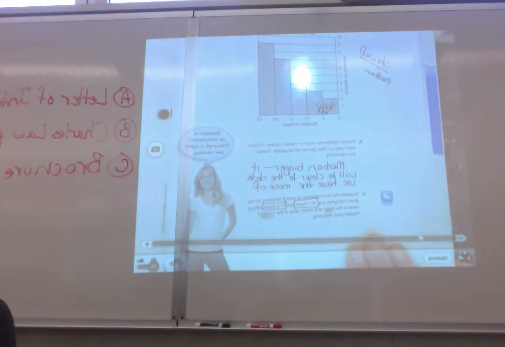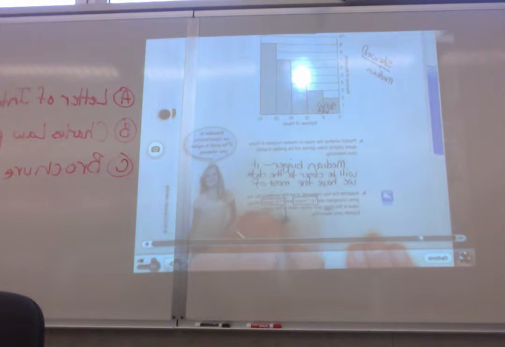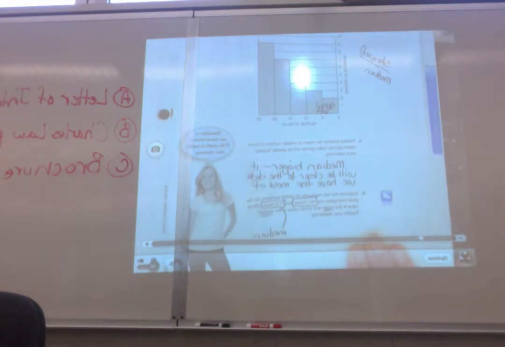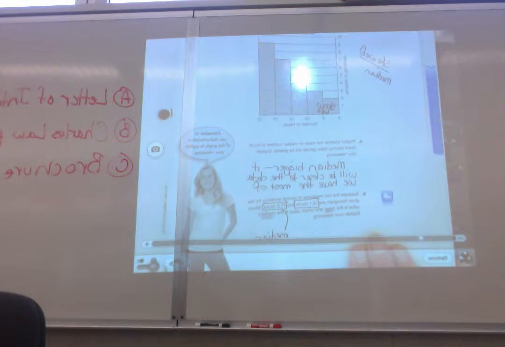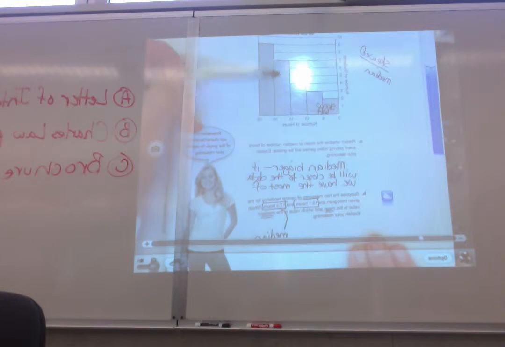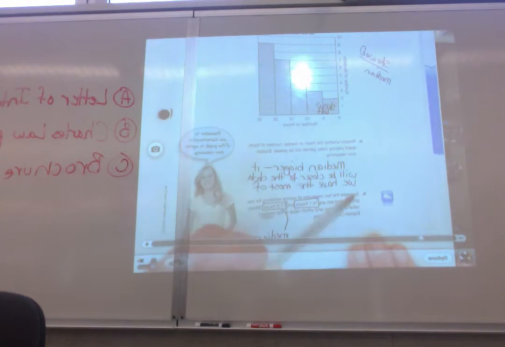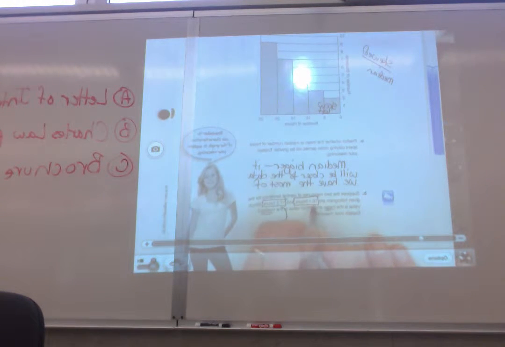What did we just say about median? We think it's going to be higher, so this is median, because the median is going to be over here closer to where we have the peak. We think this one is the mean.